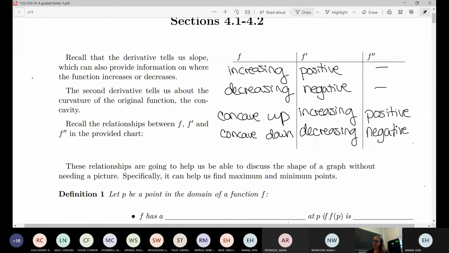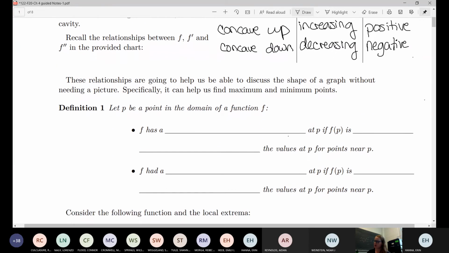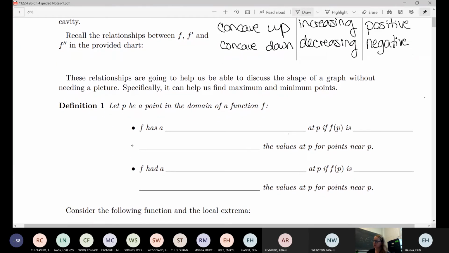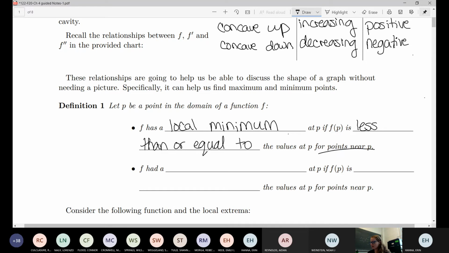So, definition. And I'll leave that bottom part of that chart up just in case. Let P be a point in the domain of a function f. So it's just that it can be on that function. So f has what we call a local minimum at P if f of P is less than or equal to the values at P for points near P. And I'll explain the points near P in a second.